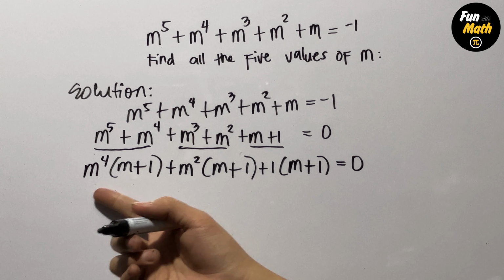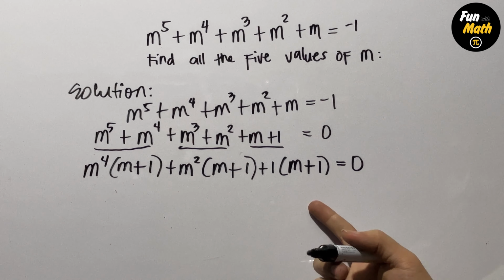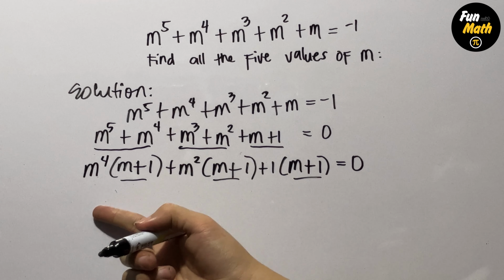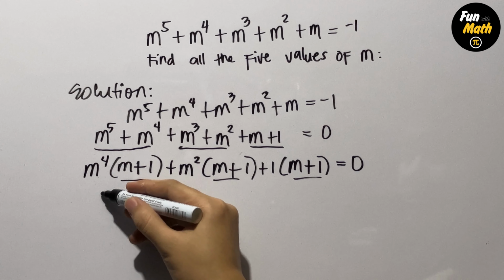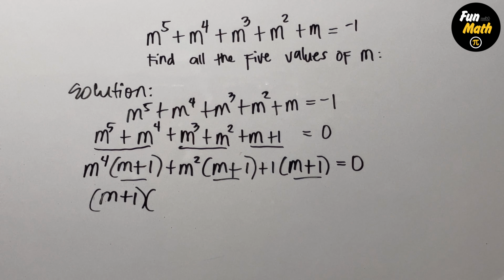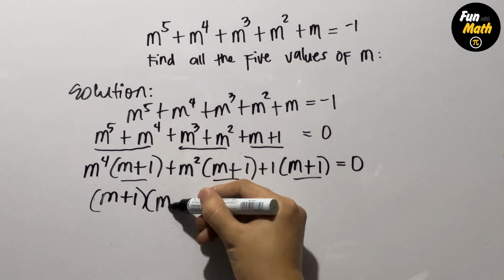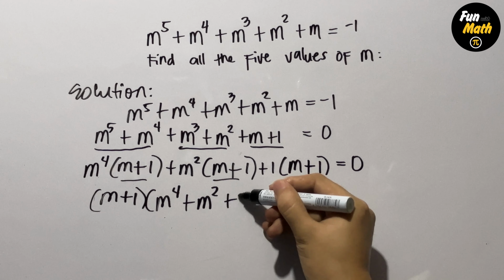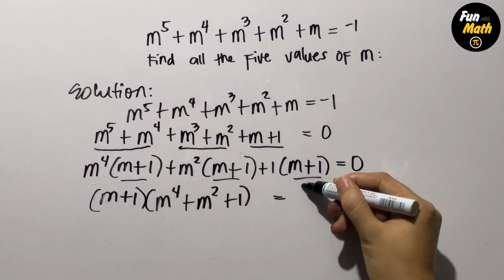0. Now, if you observe, we have the common factor m plus 1, m plus 1, and m plus 1. So we need to take it out. So m plus 1 times the remaining, we have m to the power 4 plus m squared plus 1 equals 0.